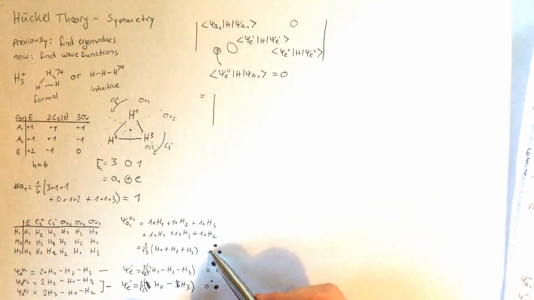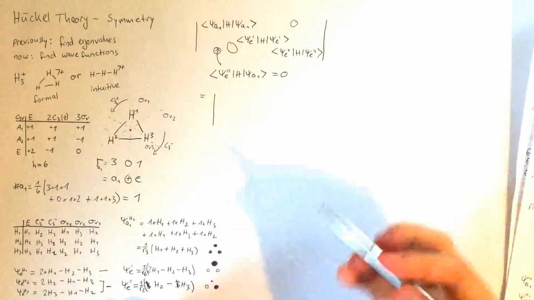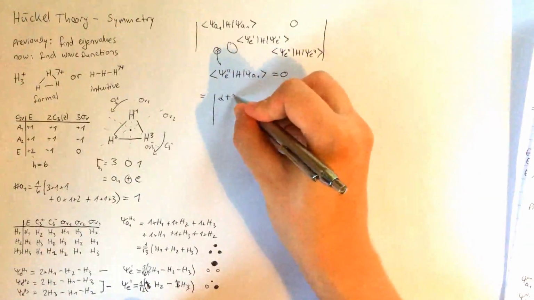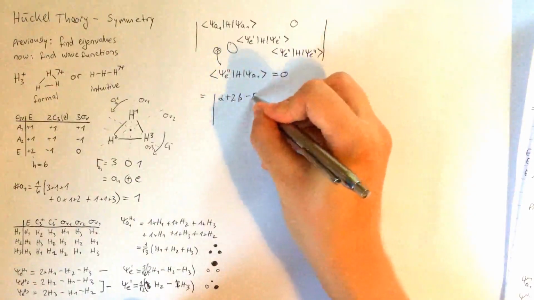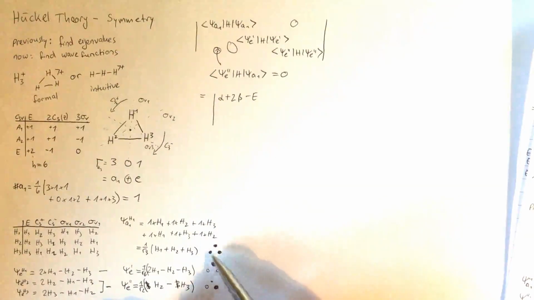In this case, it has 1, 2 good interactions. Good, because they're in phase. So here I can write down alpha plus 2 beta minus E. Alpha, because this orbital will always overlap with itself, and the 2 betas for the 2 good interactions.